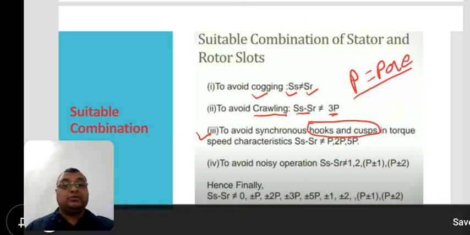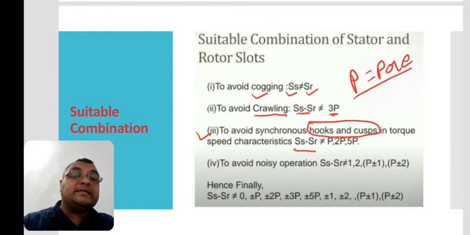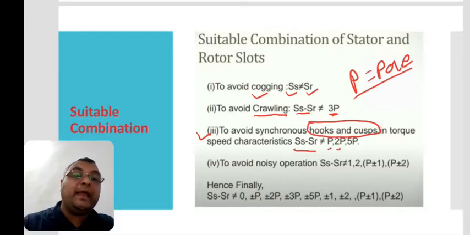Okay, so to avoid hooks and cusps in the torque speed characteristics, there is a condition, that is SS minus SR does not equal P, 2P and 5P.